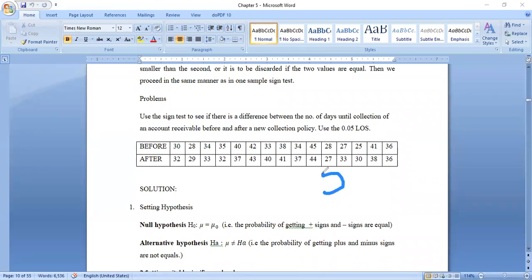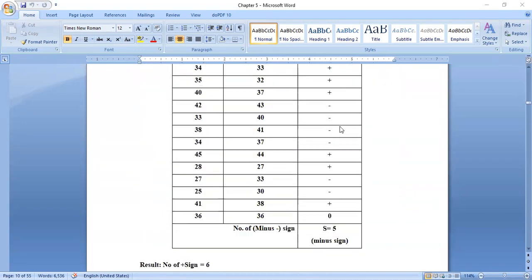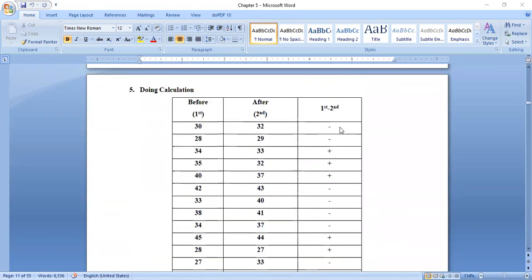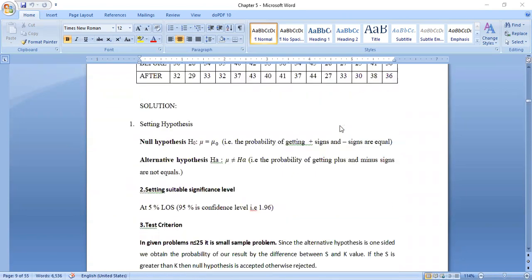Simply 5 is divided by 100, so we get 0.05. Then we go for checking the Z critical values. In the Z critical values, how much is it? Already we know that it is 1.645.